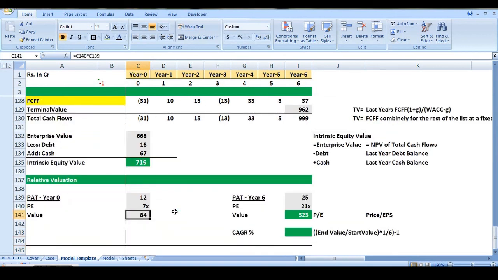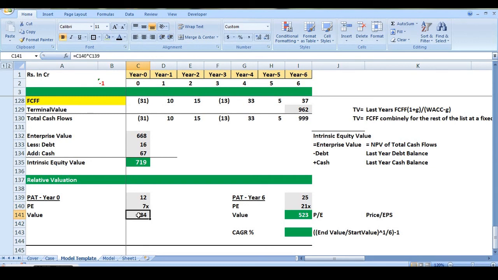Next valuation method is relative valuation. Now in this case, we are going to calculate or do the relative valuation based on PE multiples which are given to us as 7 multiple in year 0 and 21 multiple into year 6. When you want to calculate the value based on PE multiple, it comes to be actually earnings available for equity shareholders multiplied by the PE.